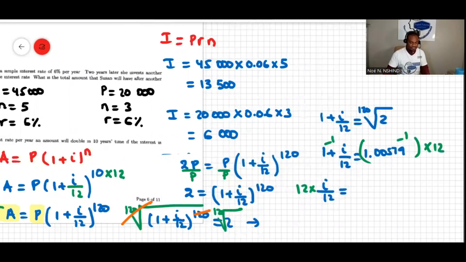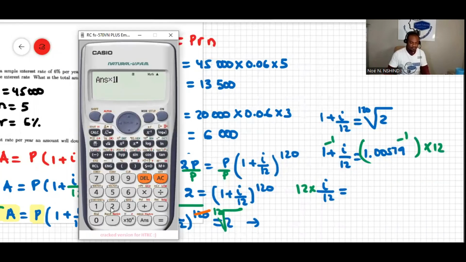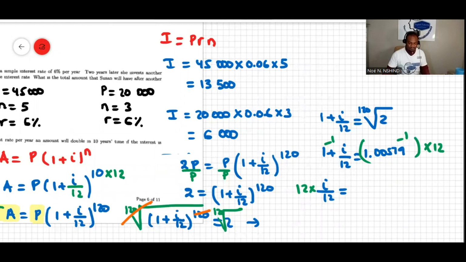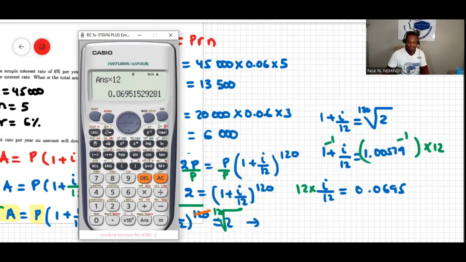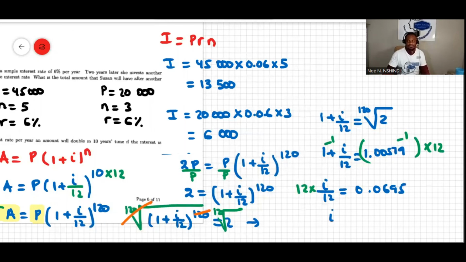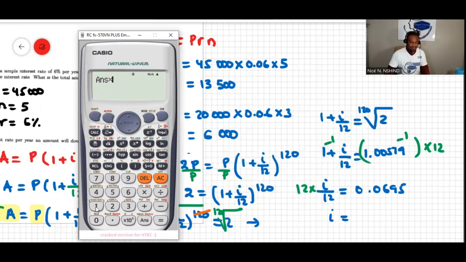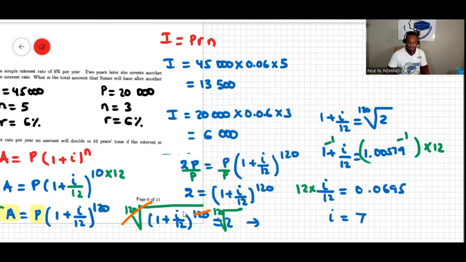So this answer, we multiply it by 12, and this equals 0.069583. This is i. To get the percentage, we must multiply this answer by 100, which is 6.95, approximately 7%.